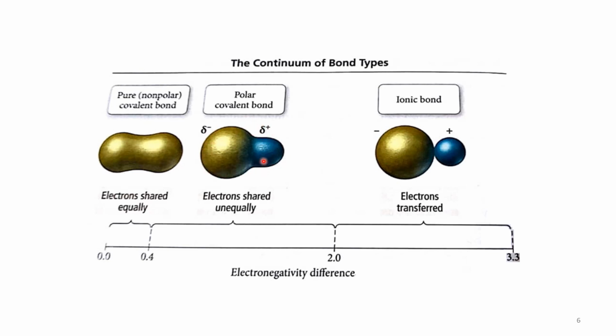Tetapi kalau elektron tu transfer, dia akan menjadi ionic bond. So nilai electronegativity difference kalau equally shared tu selalunya dekat kosong. Manakala kalau elektron shared unequally tu daripada 0.4 hingga ke 2. Yang lebih pada 2 tu dia ionic bond.